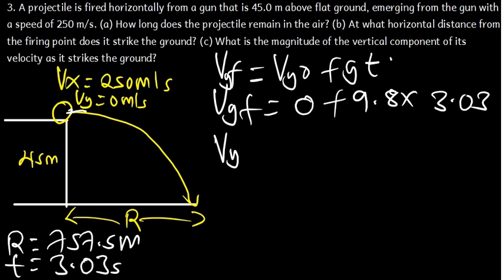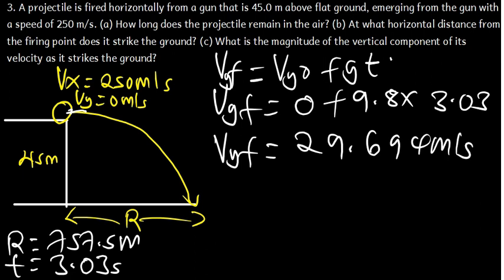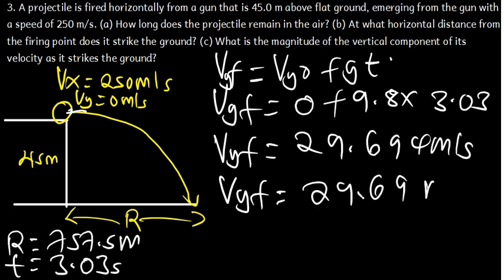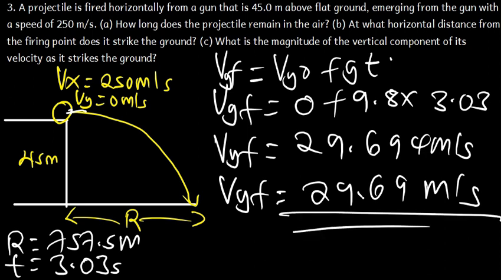So my Vy final will be equal to 9.8 times 3.03. This is going to give me 29.694 meters per second. That is going to be my vertical component of the velocity just before it hit the ground. So I can round it off and say this is going to be 29.69 meters per second. That is the vertical component, the y component, just before it hits the ground.